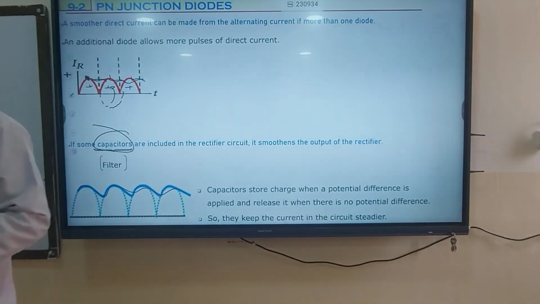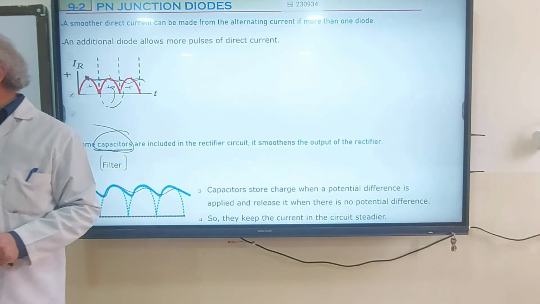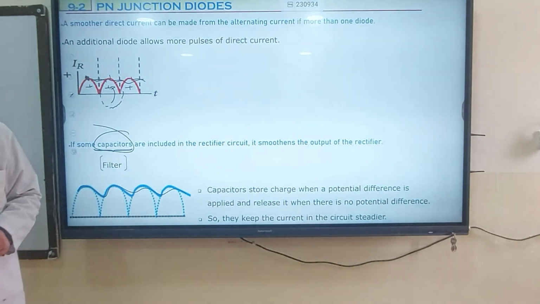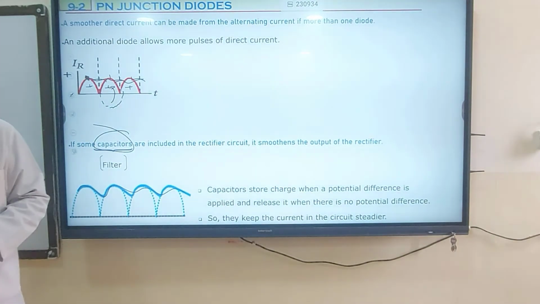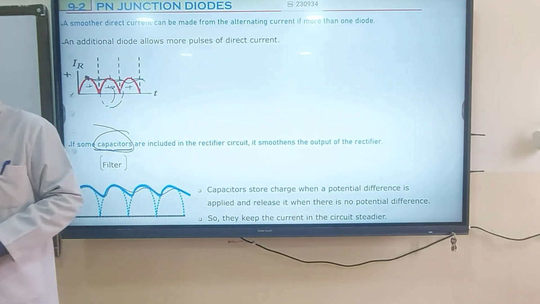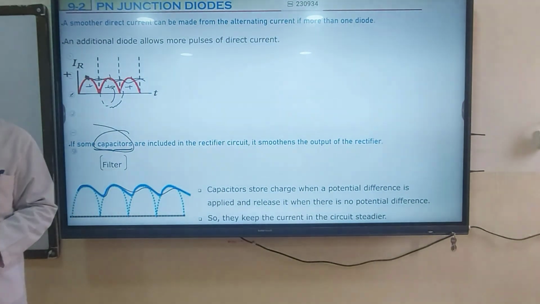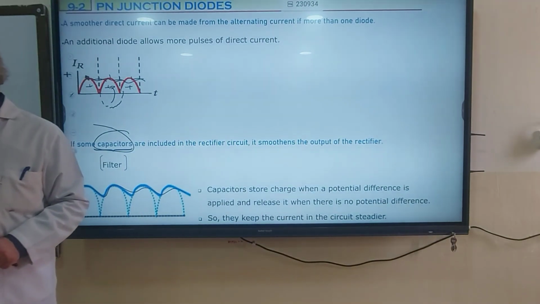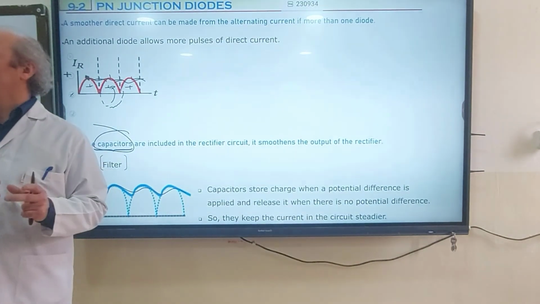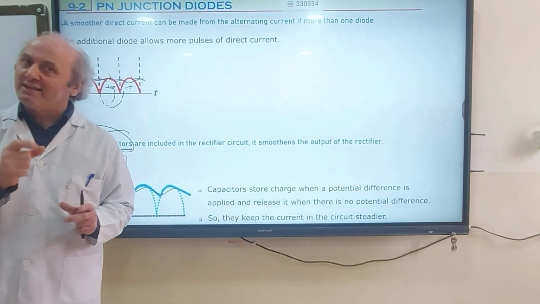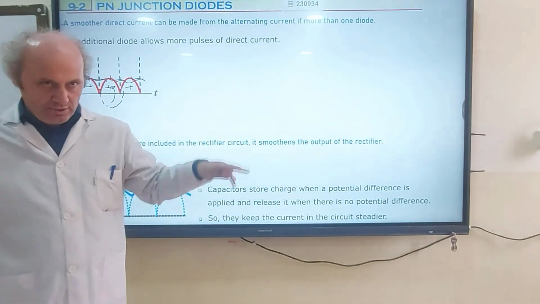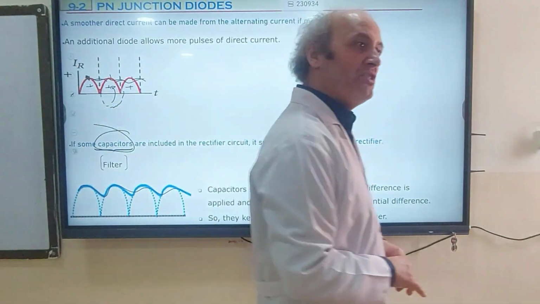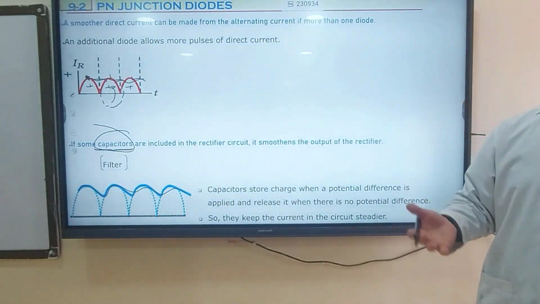That's why, if you open any charger, you are going to see that inside there are diodes and also capacitors. First there's a transformer which converts 220 to 9 volt or 6 volt, depending on your charger. Then at the output of the transformer, there are diodes and then capacitors, which make a direct current. That's why all chargers give output current as a direct current.